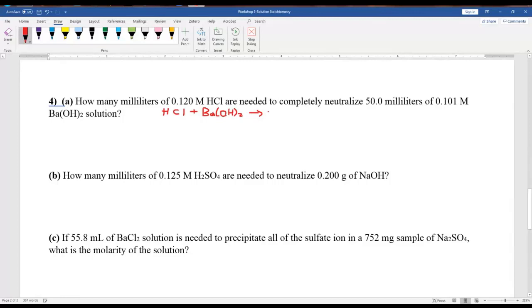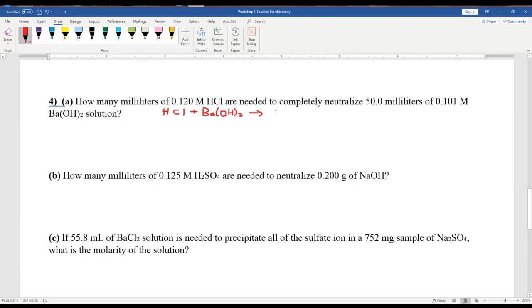So the barium hydroxide and HCl react, and this is once again what type of reaction? Double replacement. Yeah, it's double replacement. There's also a special name for this particular type of double replacement reaction. When you have an acid reacting with a base, it's called neutralization.